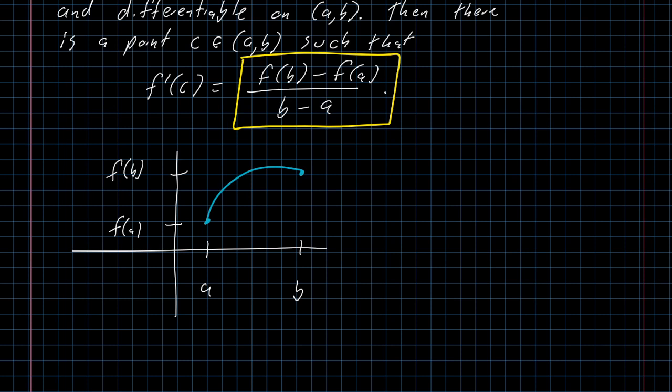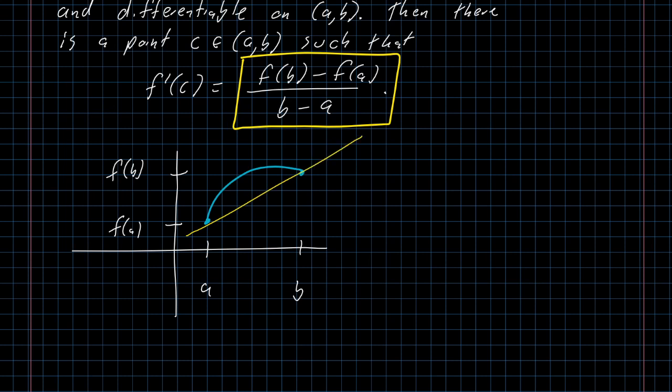All right, so there's the function that we are analyzing. f of b minus f of a over b minus a is the slope. Let's try again, actually connecting the dots. That's a little bit better.